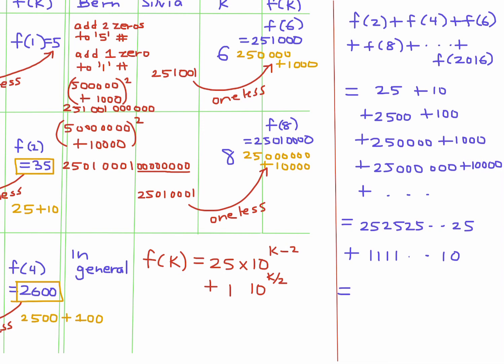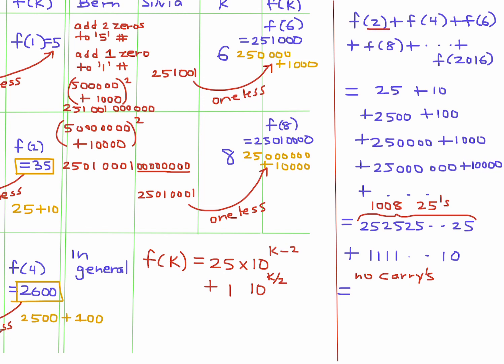And what we have to do is find the sum of the digits. Okay, well, the sum of the digits shouldn't be too big of a problem because there are no carries here. So no carries exist here. So we can just find the sum of the digits of this guy and then add it to the sum of the digits of that guy. Well, this one here looks like it's 1008 25s, right?